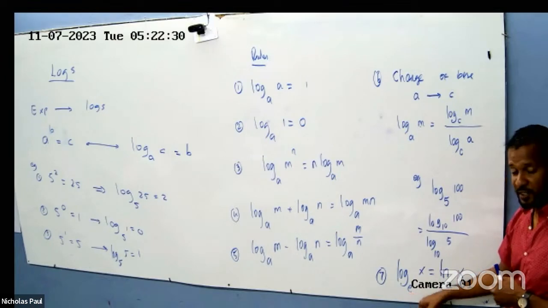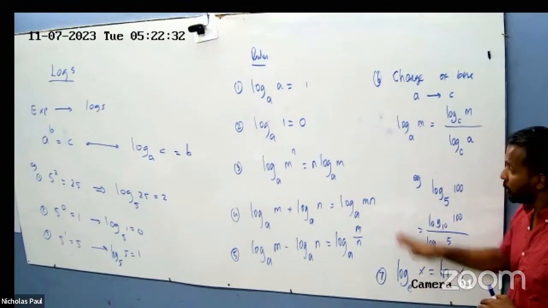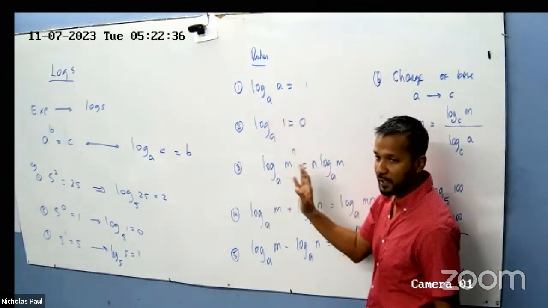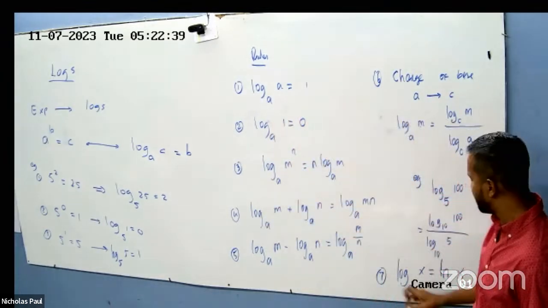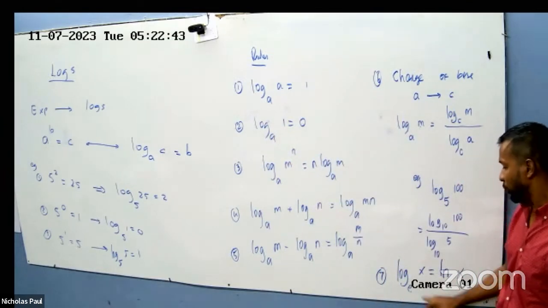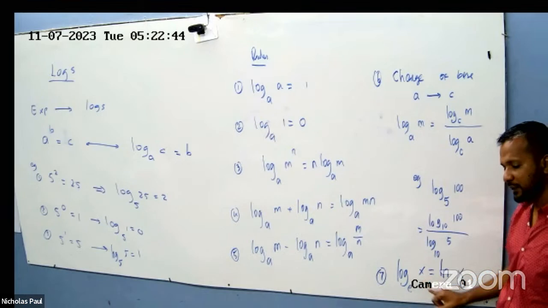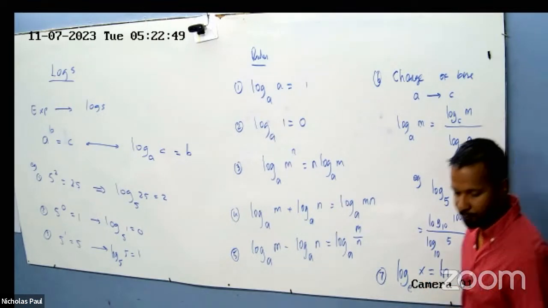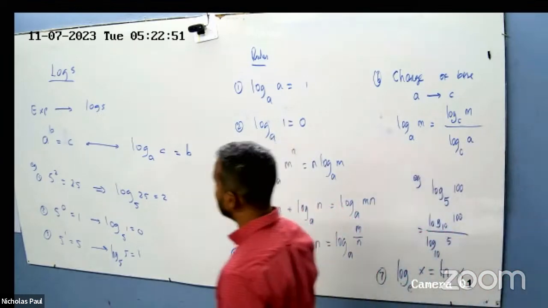If I give you a question with ln, you could use all these rules with ln. So every single one of these rules could work with ln. So log to the base e of x is ln x, and I just want to show you how to do that, right?